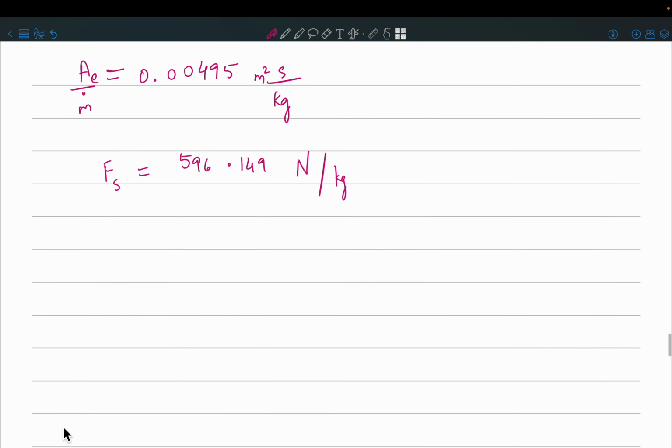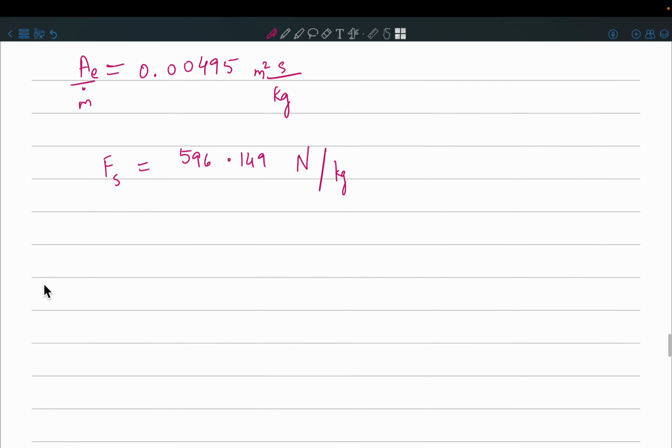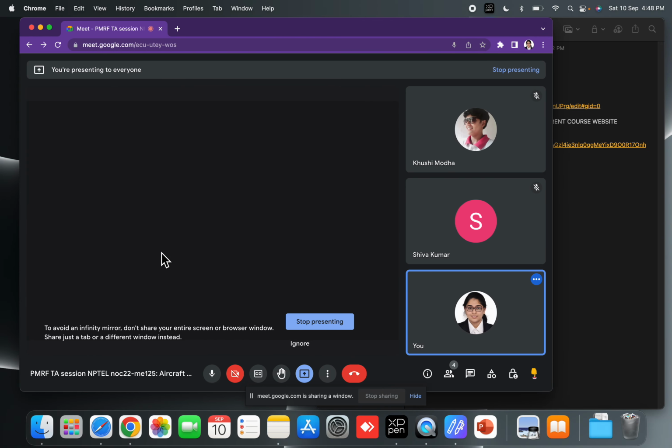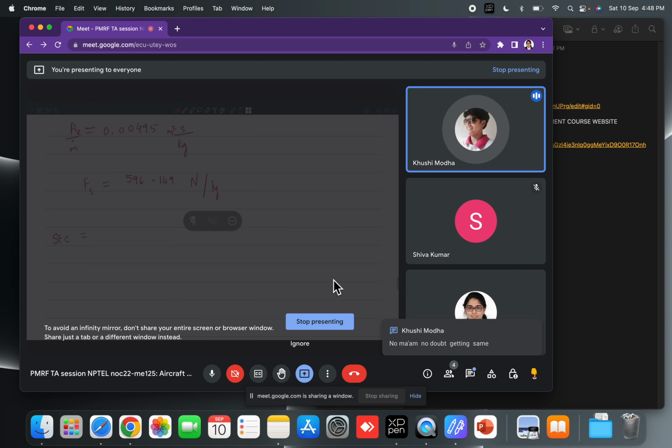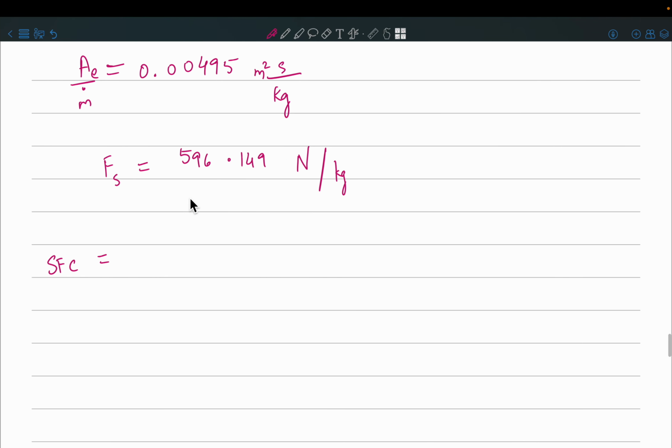Okay. Then the next thing we had to find was the specific fuel consumption. So specific fuel consumption is defined as, what is specific fuel consumption defined as? Okay, fuel air ratio divided by the specific thrust, right?